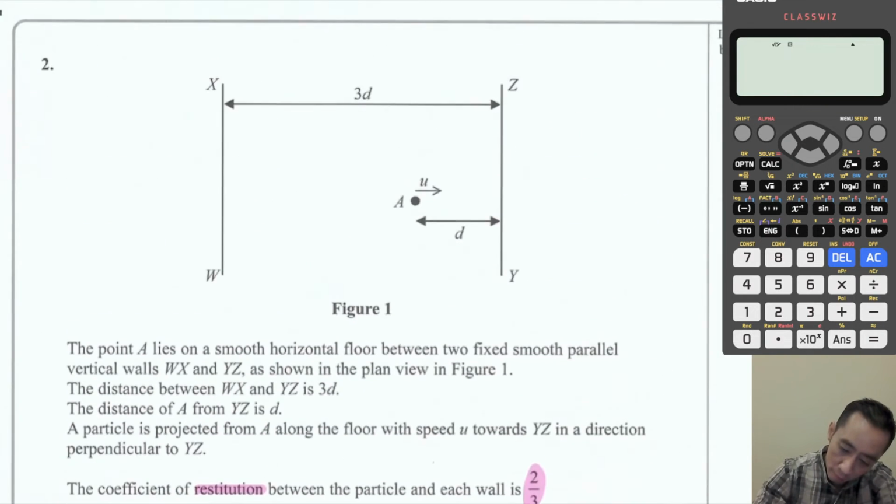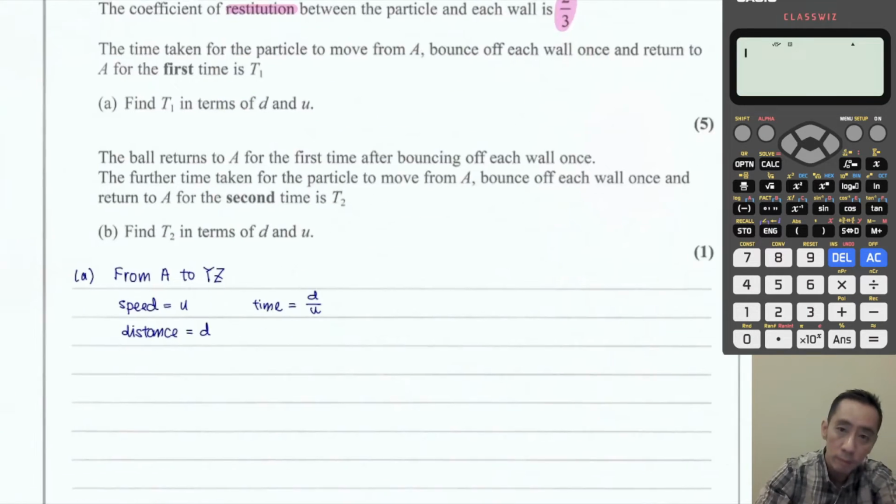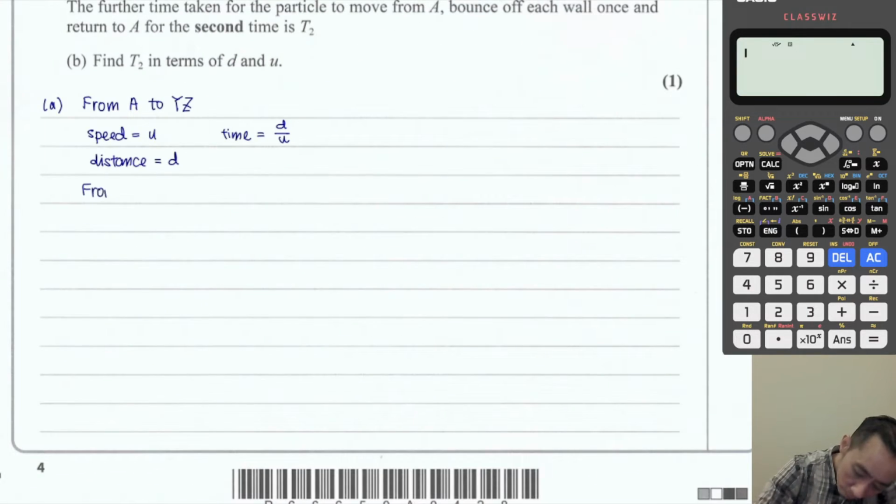So which means from YZ to WX, what is the speed now? The speed is u times 2 over 3, which is 2/3 u.